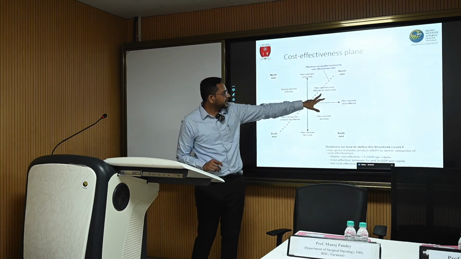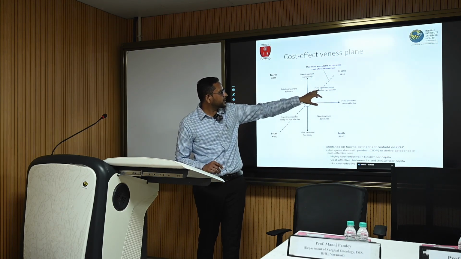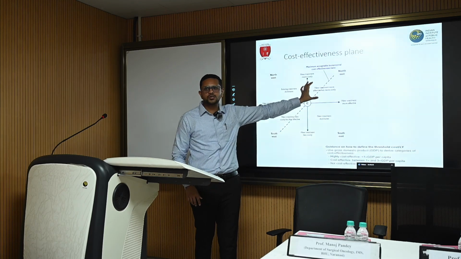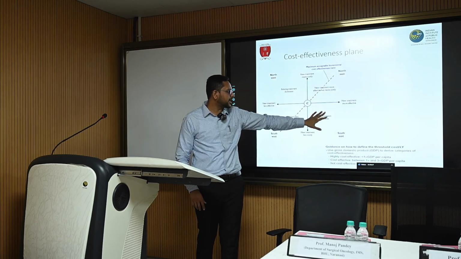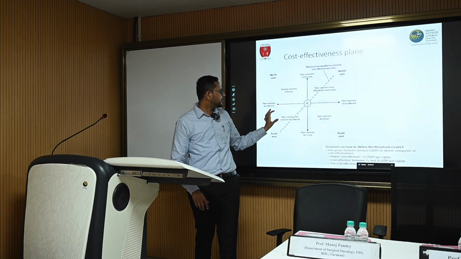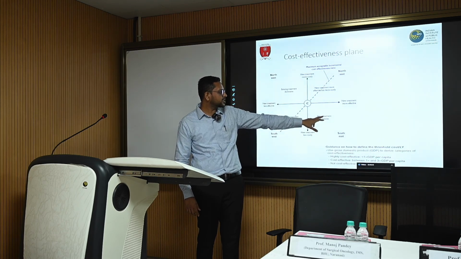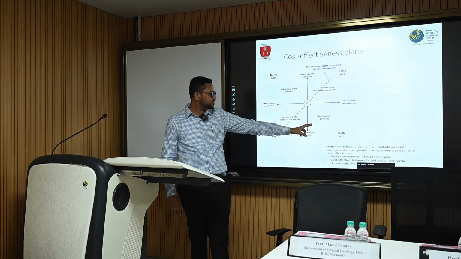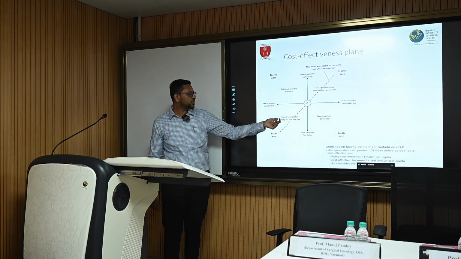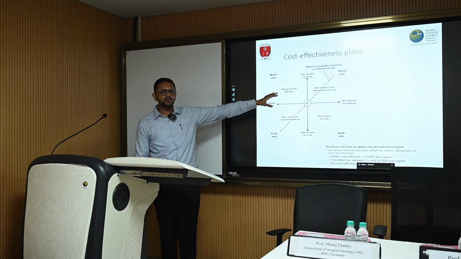For this section, the new treatment is more effective but more costly. If it falls inside this quadrant, in the negative, then the new treatment dominates. If it falls in this one, then the new treatment is less costly but less effective, and the existing treatment dominates.